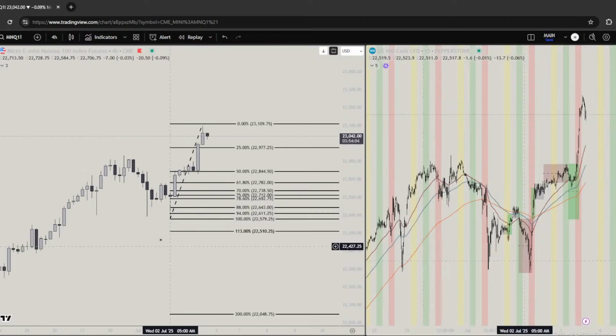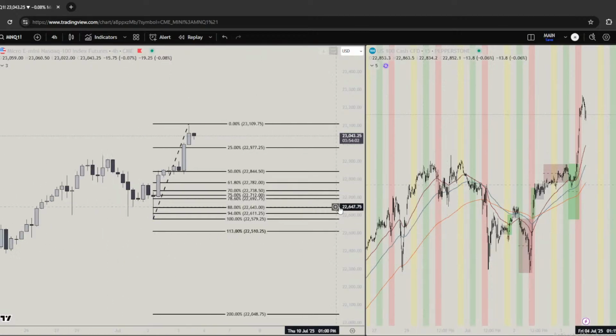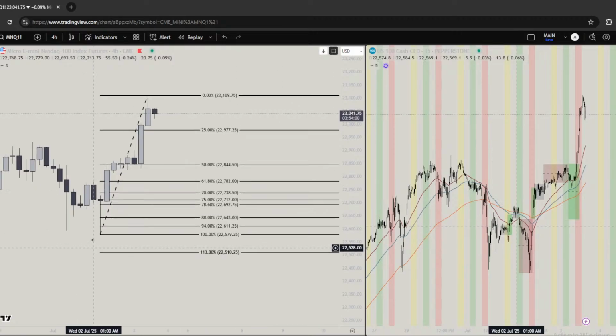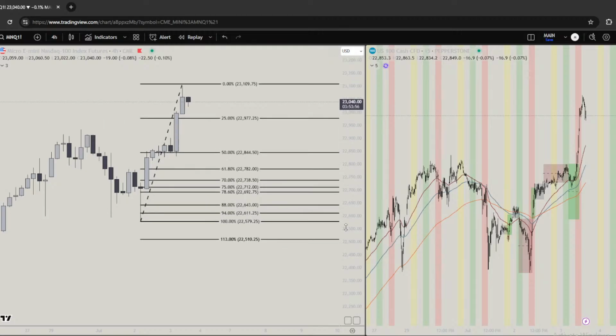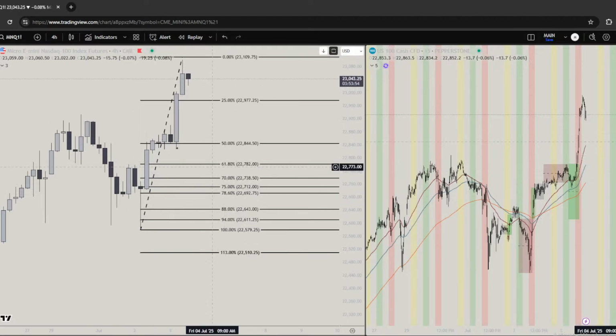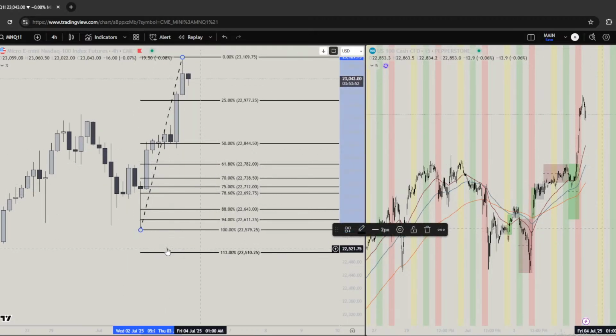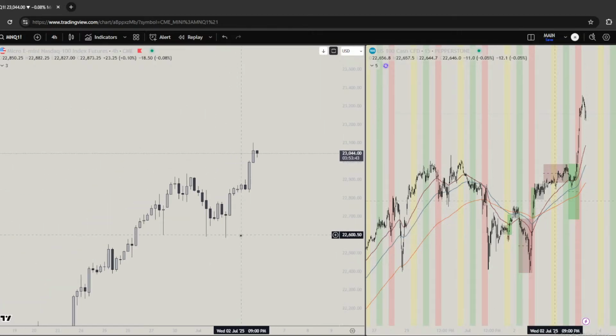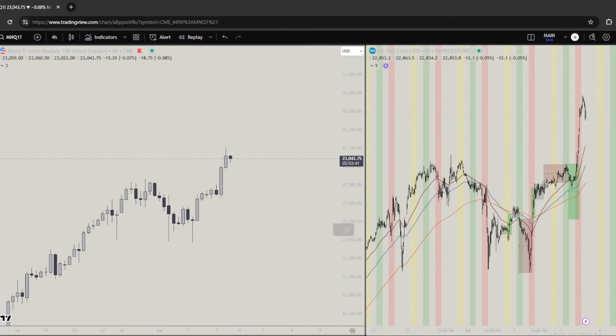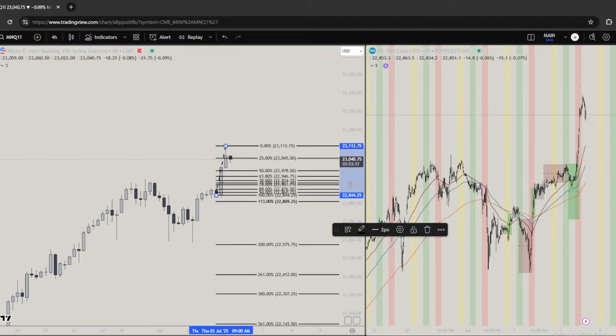From this low to this high, that buy zone will be here. What's a good buy zone for continuation? Go to a high.